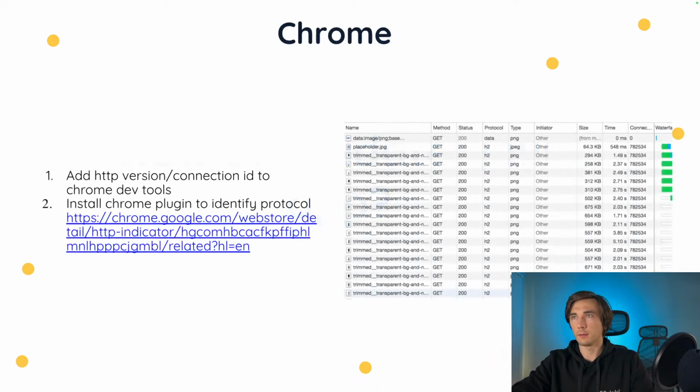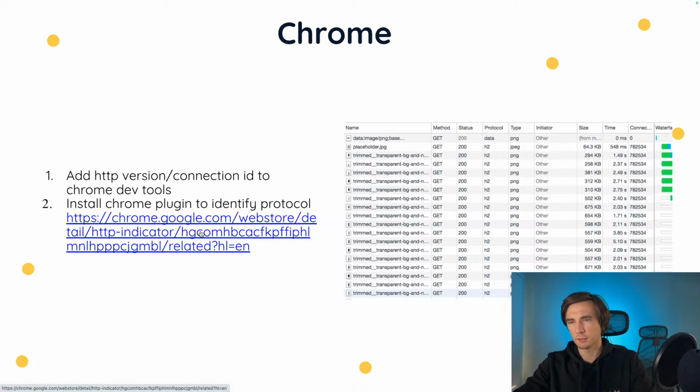So first of all, as I said a few minutes ago, you can utilize DevTools. It shows you this high-level stuff pretty well: just add the protocol and add the connection. If you are only interested in seeing which site is using which version, you can also install a plugin, and it will identify the protocol.